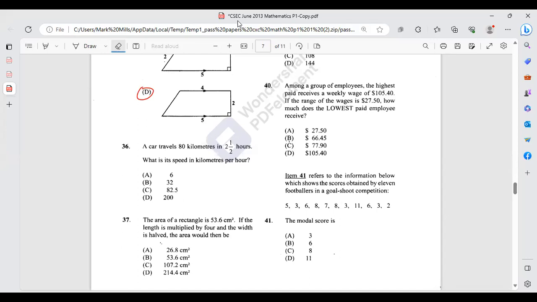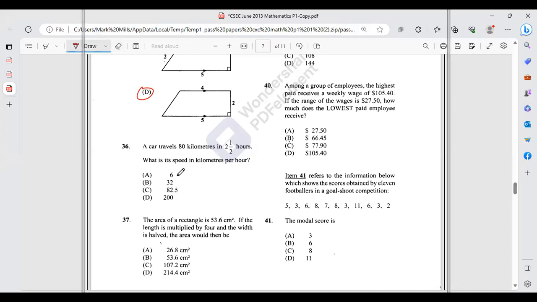To get this, you divide the kilometers by the number of hours, so it could be 80 divided by 2.5. Do you remember the formula? Speed equals distance over time. Beautiful. So the distance will be 80 divided by the time, which is 2.5.